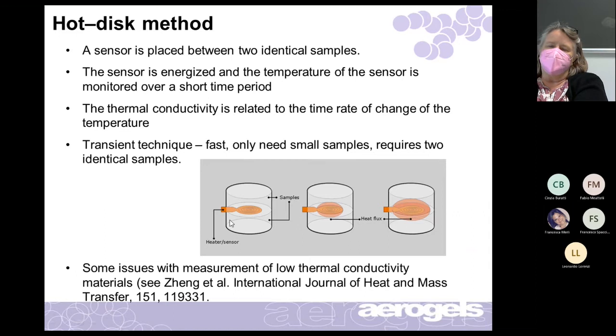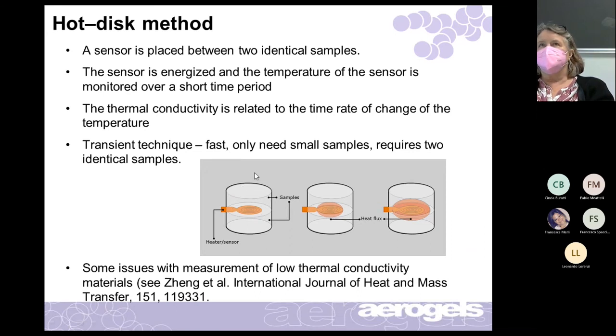And there are some issues with this technique with very low thermal conductivity materials and porous materials like an aerogel. There's a very good paper out recently that has a correction factor for that. For example, we use this to measure thermal conductivity of our aerogels. We typically measure for silica aerogels about 30 to 35 milliwatts per meter Kelvin.